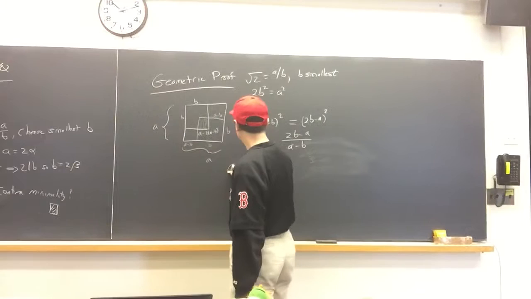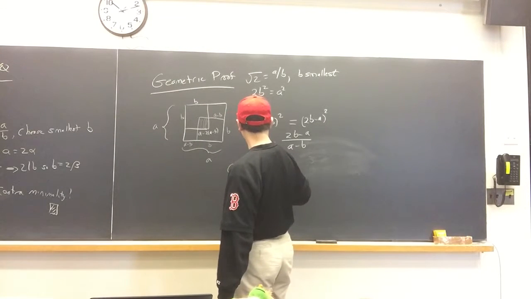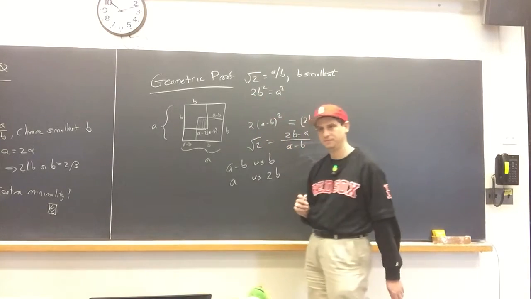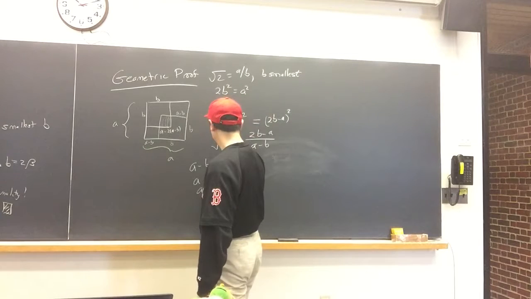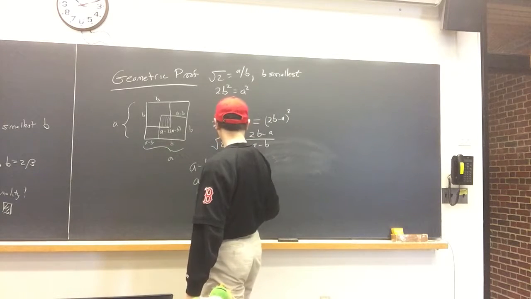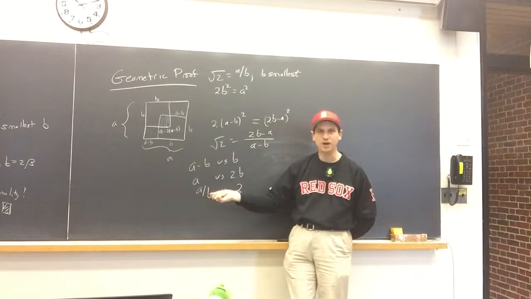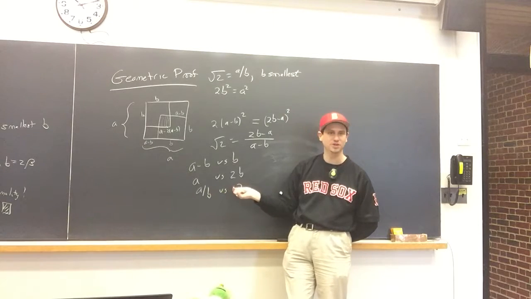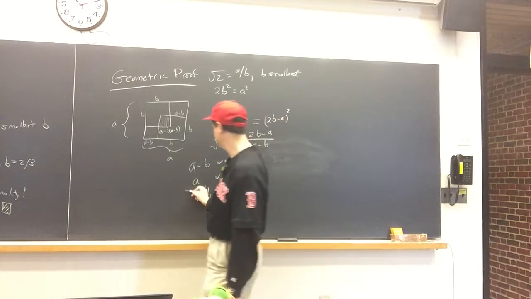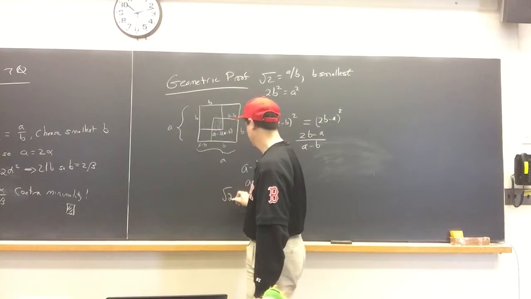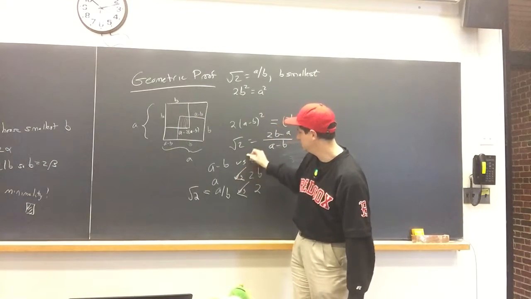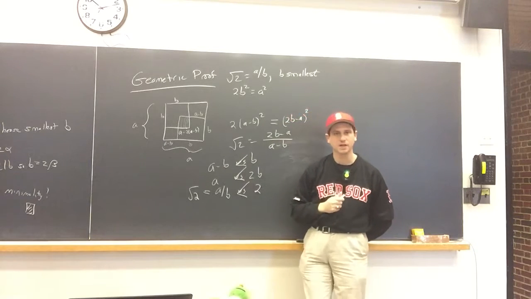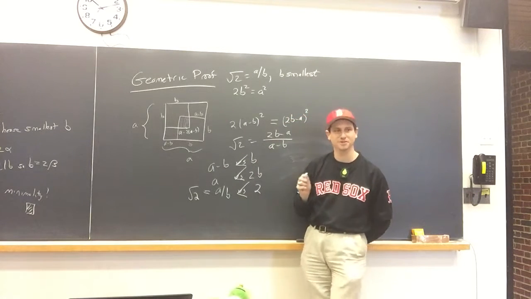So we need to compare a minus b versus b, so this is a versus 2b, or a divided by b versus 2. We know how to compare a over b versus 2. A over b, by assumption, is the square root of 2, so that means it has to be less than 2. And so we now have a smaller denominator.